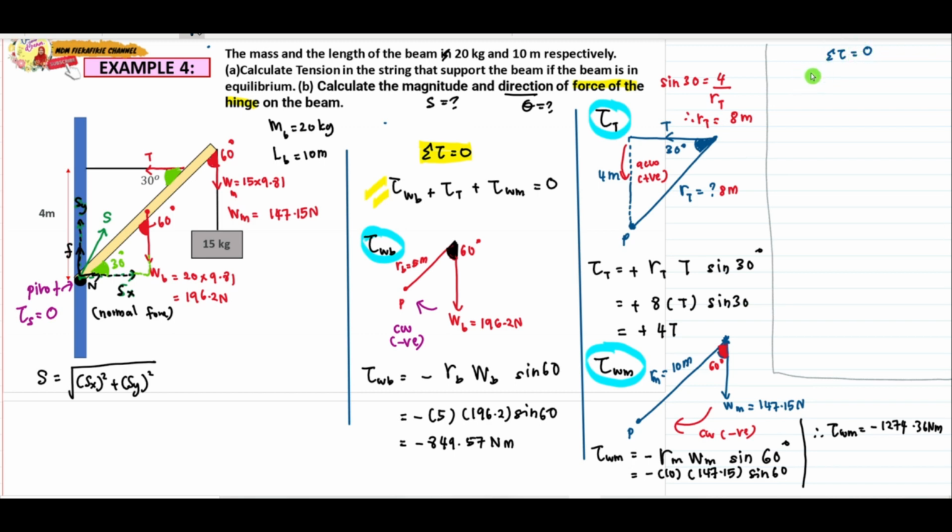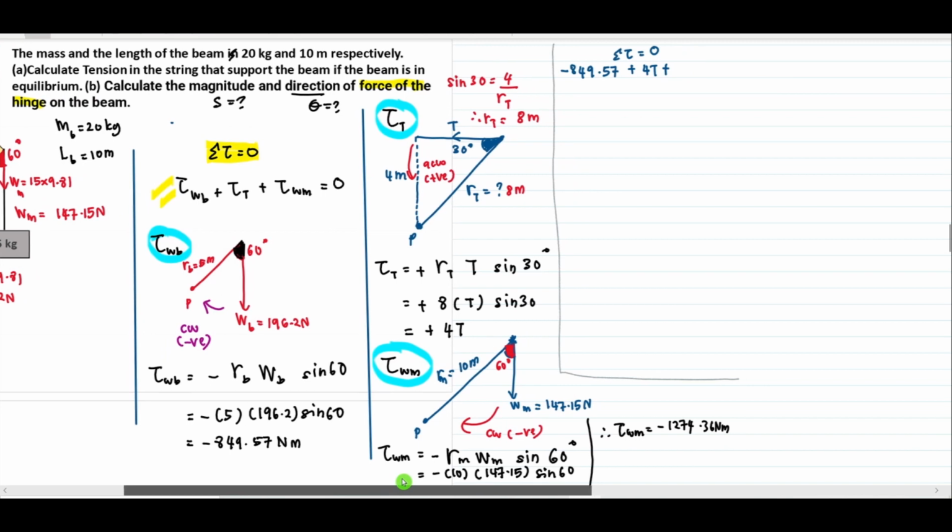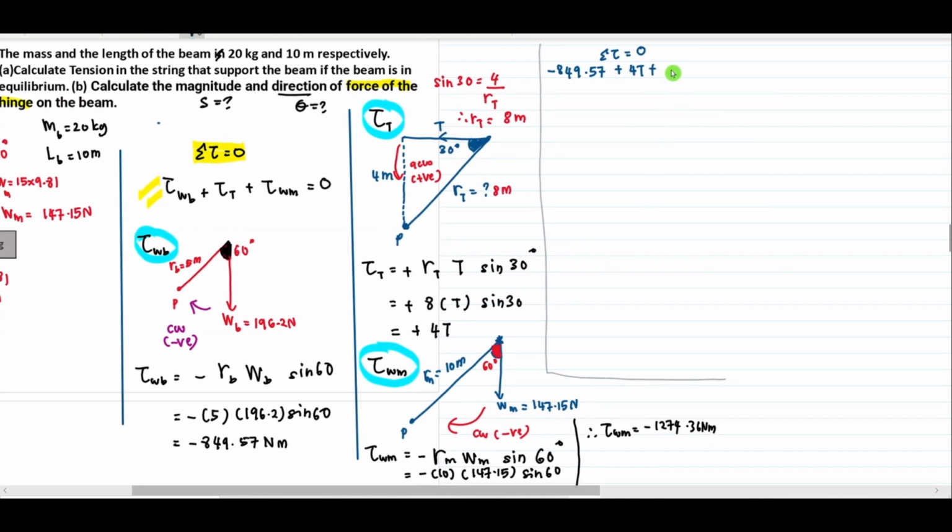Kita ada torque WB. So, substitute terus negative 849.57 plus torque due tension 4T plus, okay, tak muat ni, saya akan gerak sikit. Okay, plus torque due to the weight of the mass, iaitu negative 1274.36 equal to 0.